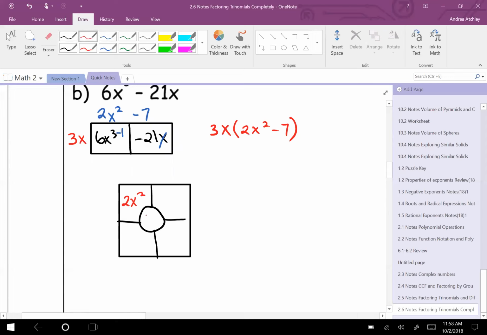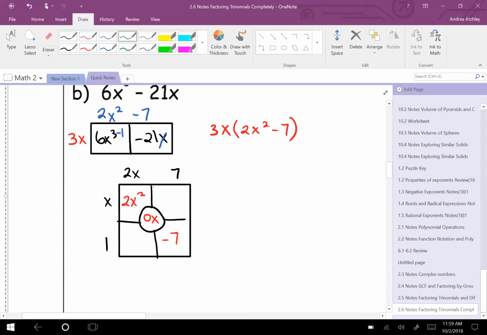Since there's no x's, I have 0x in the center and a negative 7 here. And we guess and check. Samantha, what multiplies to 2? 2x and x. In class, what multiplies to 7? 7 and 1. Let's see.